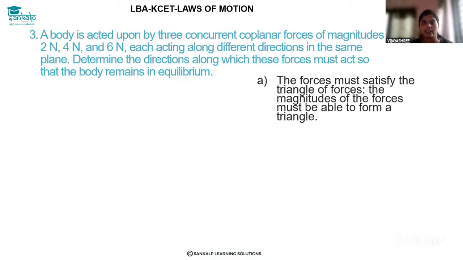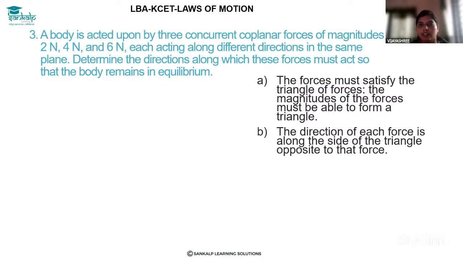Option A, the forces must satisfy the triangle of forces; the magnitudes of the forces must be able to form a triangle. Option B, the direction of each force along the side of a triangle opposite to that force.